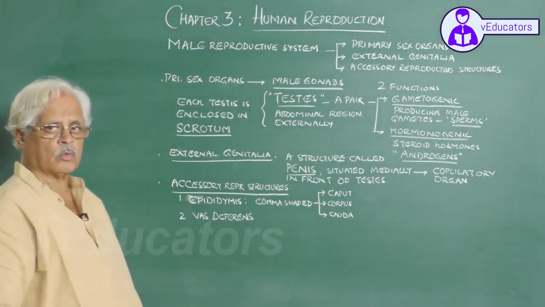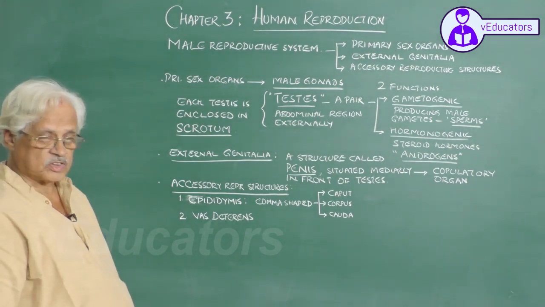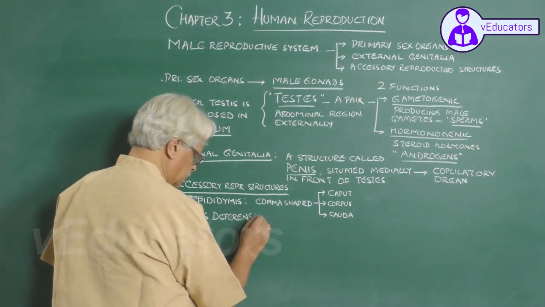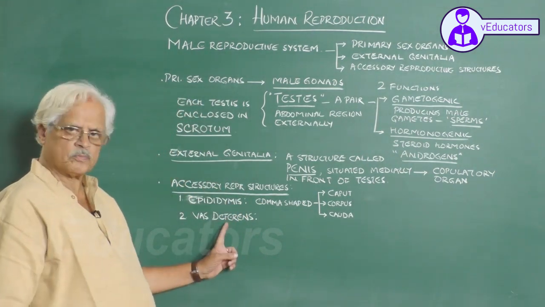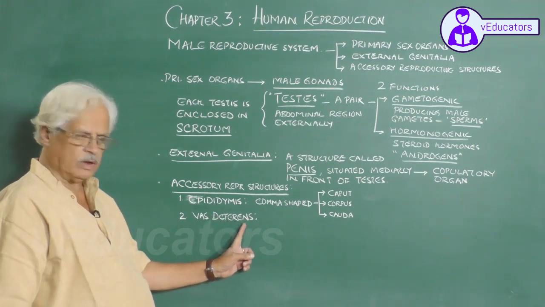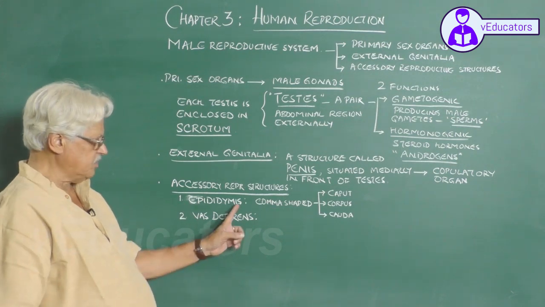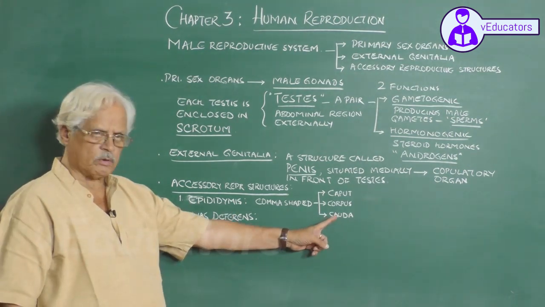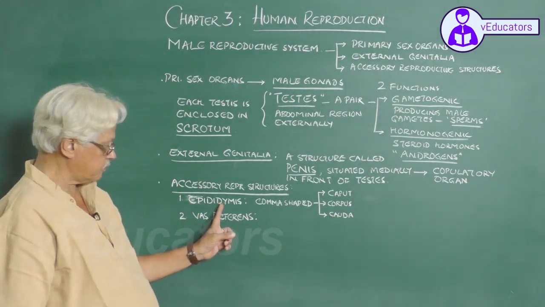Then, vas deferens. There are two ducts, one on either side. Vasa deferentia, plural, vas deferens, singular, arising from the cauda region of the epididymis.